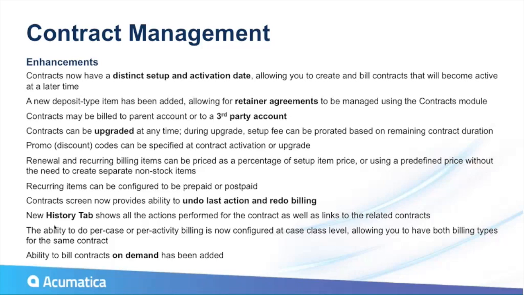Finally, last thing I would like to highlight is the on-demand billing option. So it is similar to the enhancement that we made for project accounting. So instead of a fixed schedule for contract billing, you may now do billing on demand if you decide to do so.